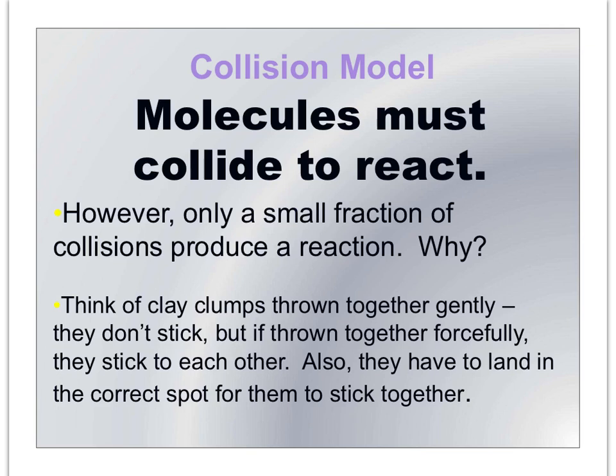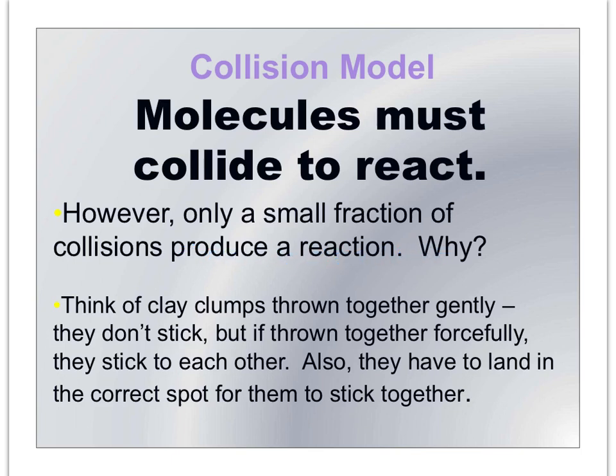So collision theory basically says that particles need to collide in order for a reaction to occur. Now, even if you put two reactants together, their particles are constantly colliding, only a small fraction of those collisions actually produce a reaction.